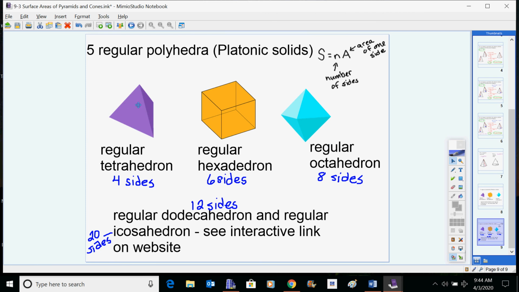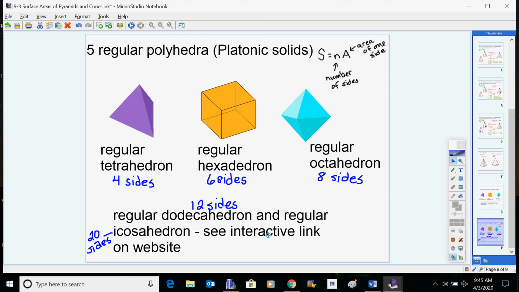So for example, if you were told flat out that the area of this triangle is 10, and you had 4 of them, that would be 40. If you were told that the area of one of these faces is 11, and you have 6 of them, then the area would be 66. You're simply multiplying the number of sides times the area.